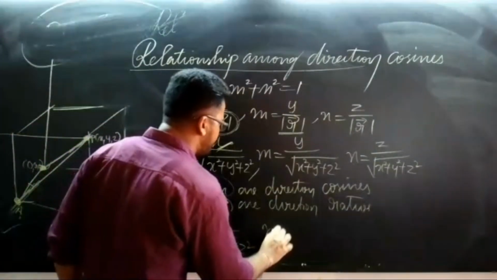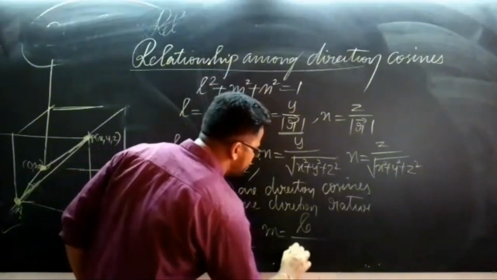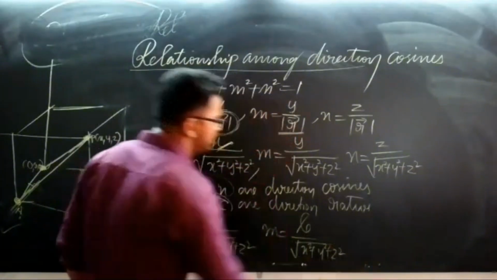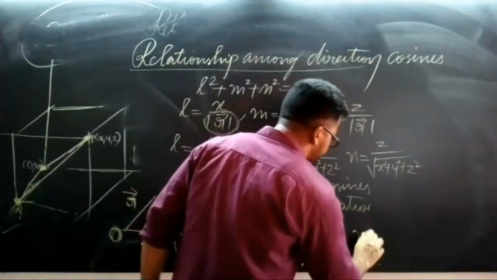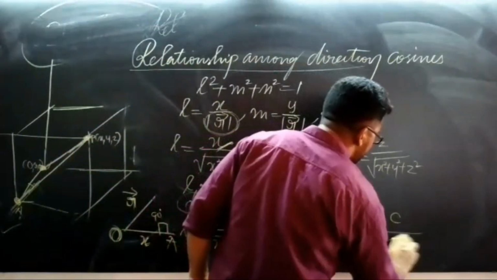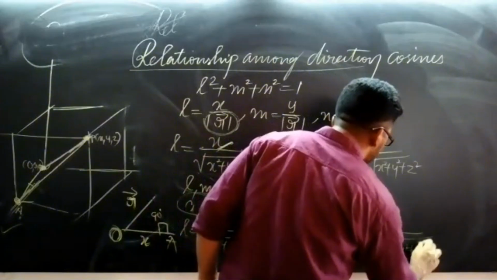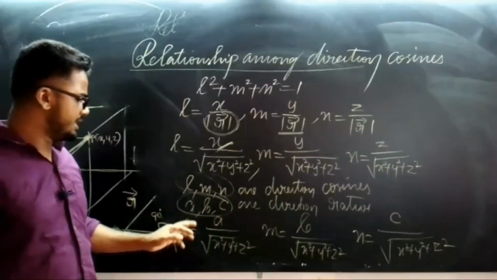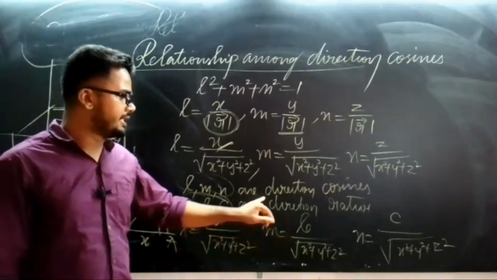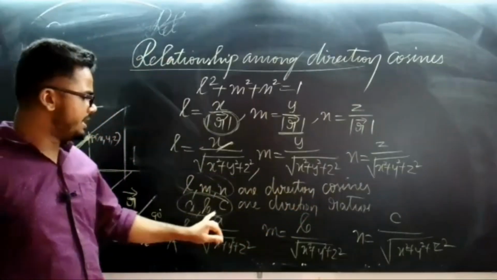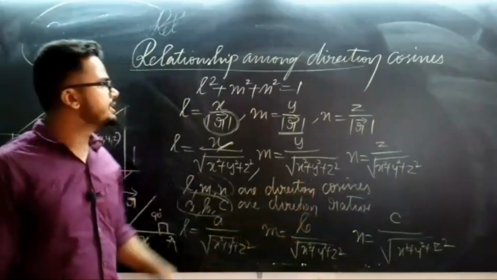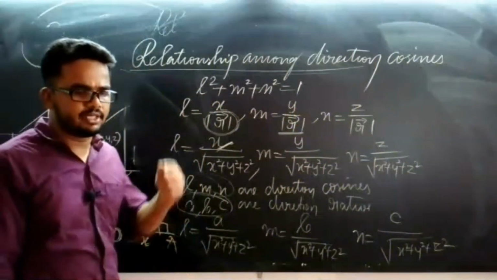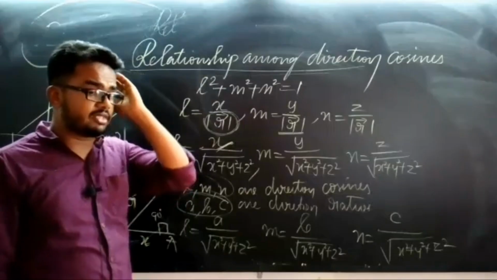Next, m can be written as b by the square root of x square plus y square plus z square. n can be written as c by the square root of x square plus y square plus z square. Look here, l, m, n are the direction cosines, a, b, c are direction ratios. This is the relationship among the direction cosines. It may be ratios or it may be cosines. It is like this.